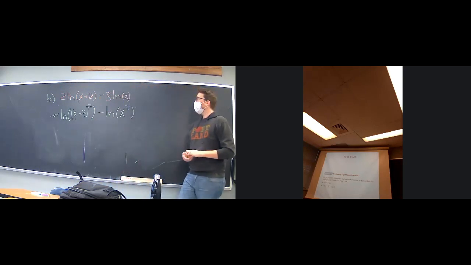This is going to come out to be the ln of x plus 2, that quantity squared, minus the ln of x to the third. All this is going to come out to be the ln of the quantity x plus 2 squared divided by x cubed. Yeah?